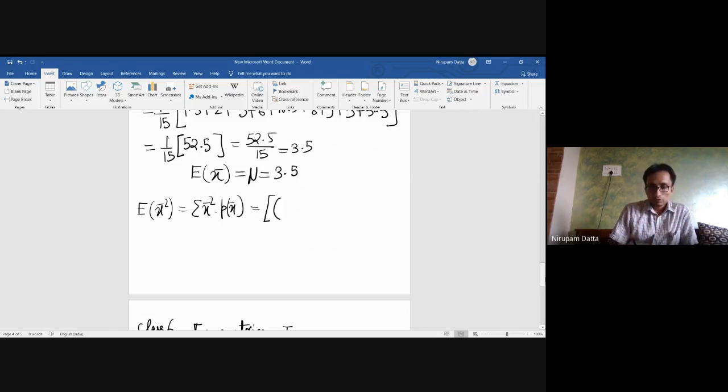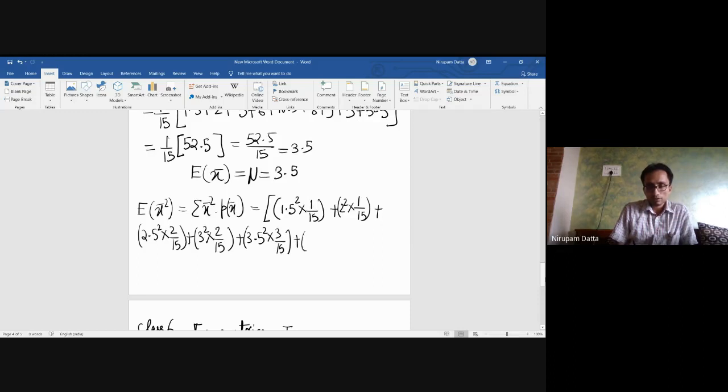So 1.5 square into 1 by 15, 2 square into 1 by 15 plus 2.5 square into 2 by 15 plus 3 square into 2 by 15 plus 3.5 square into 3 by 15 plus 4 square into 2 by 15 plus 4.5 square into 2 by 15 plus 5 square into 1 by 15 plus 5.5 square into 1 by 15.